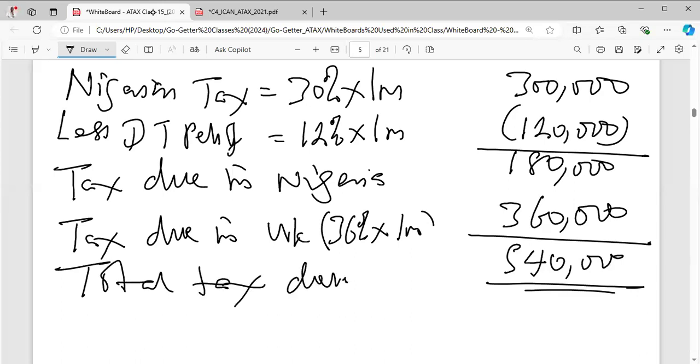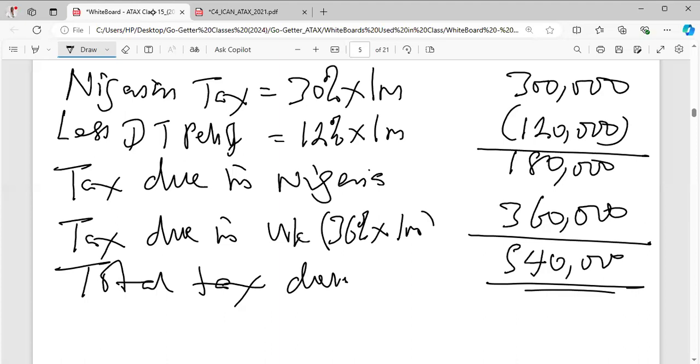So now you see here, he's paying 36% in UK and he's not paying 30% in Nigeria. If he did that, he'd be paying 66%. Or you see here, he's paying like 18% in Nigeria and paying 36% in the UK. So in total he's paying 54%.